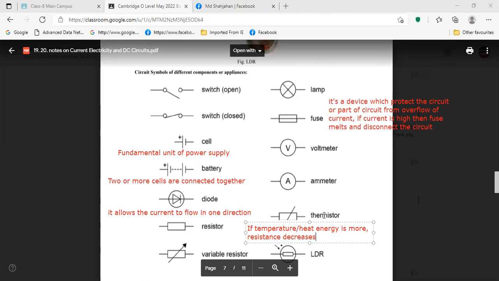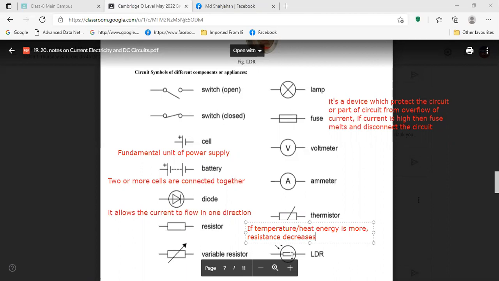Then thermistor, if you are drawing a line, they all are one kind of resistor, isn't it? Yes, sir. So thermistor is also one kind of resistor whose resistance changes depending on the heat or temperature. Is it clear?